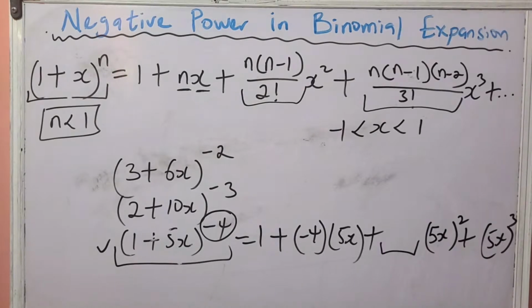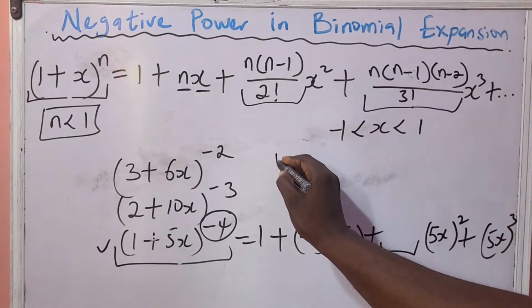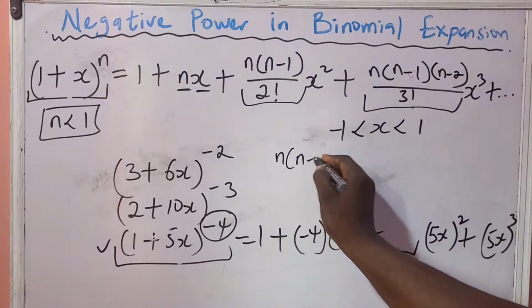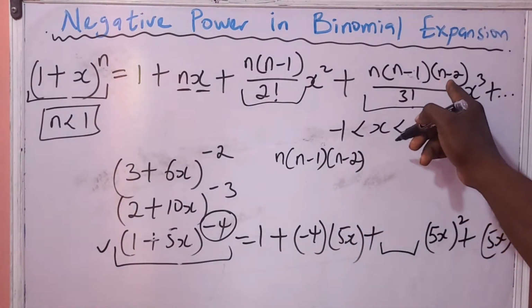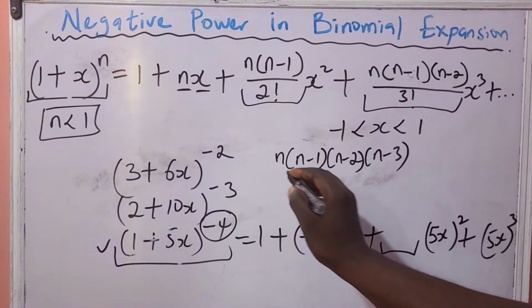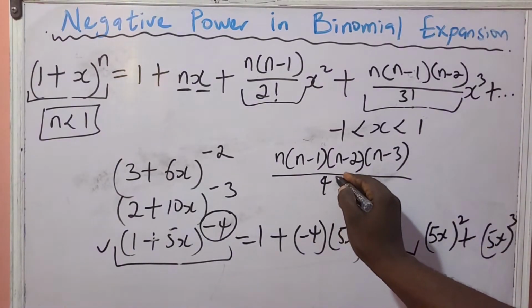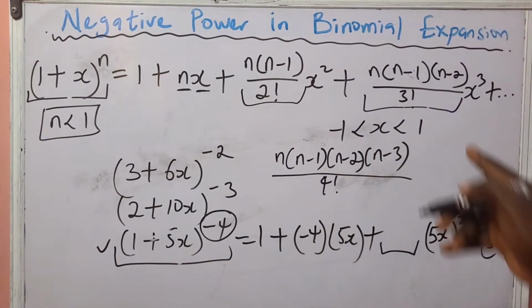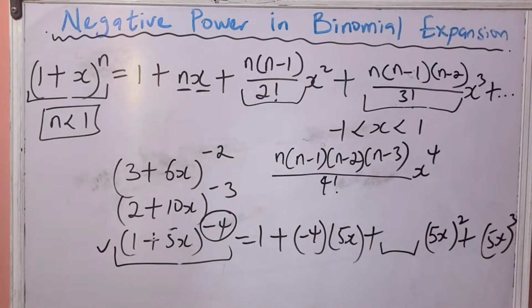Of course, you agree with me that it's going to be n times n minus 1 times n minus 2. Now, I will have to add times n minus 3. And it will be over, not 3 factorial now, but 4 factorial. And it will be not x raised to the power 3 now, it will be x raised to the power 4. I'm sure you people should be able to understand that.